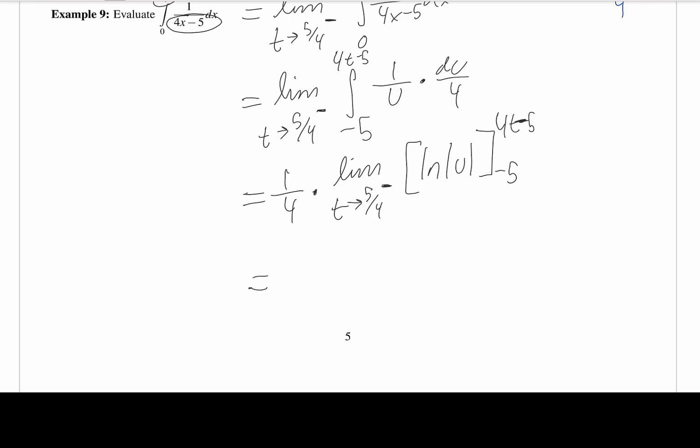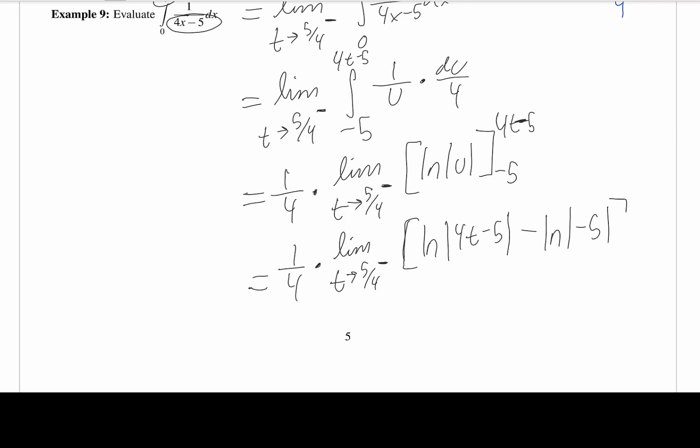So this is going to be 1/4 times limit as t approaches 5/4 from the left of natural log of, so I'll plug in 4t minus 5, so this is absolute value 4t minus 5, minus natural log of absolute value -5.